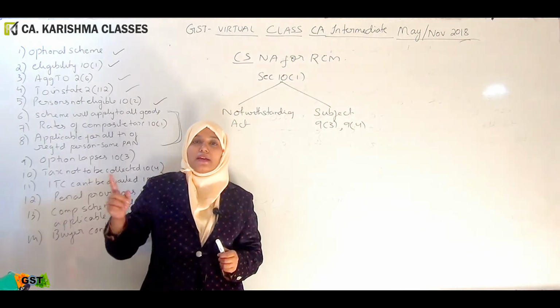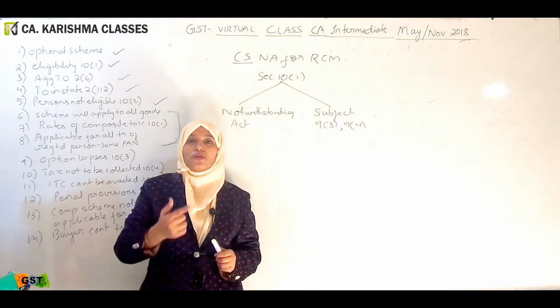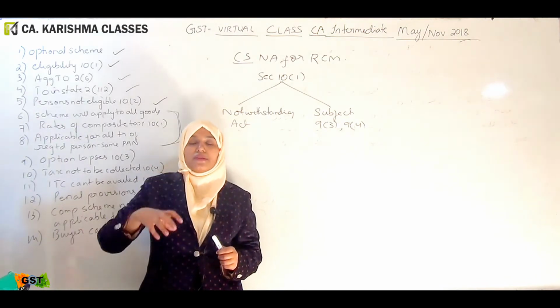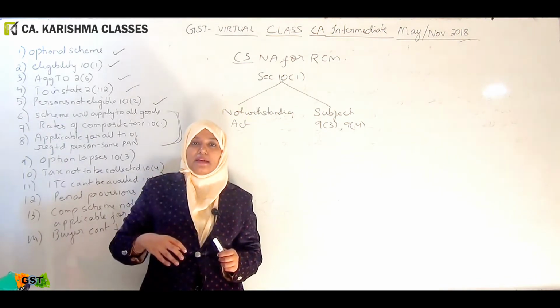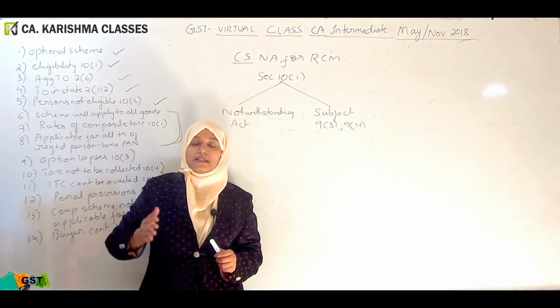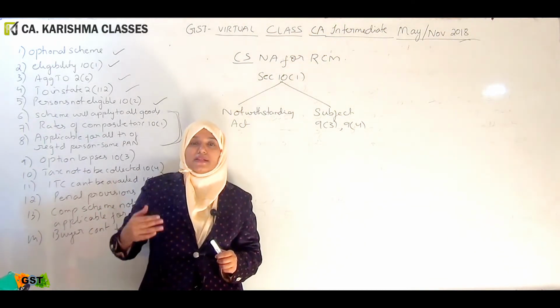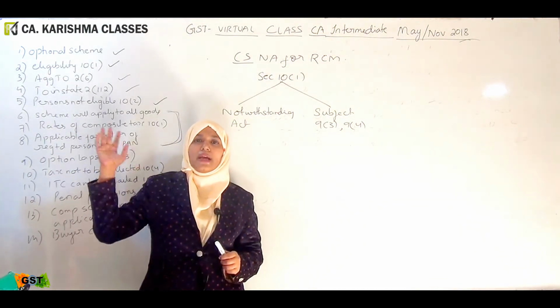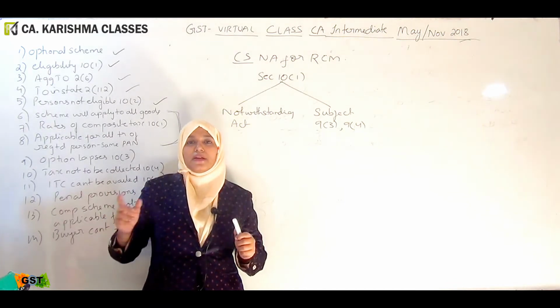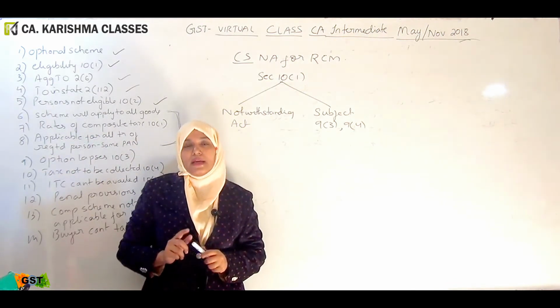Regular supplier will pay monthly taxes, will file monthly returns, but this scheme is saying you do it quarterly. So whatever we are hearing in this scheme is overriding the regular provisions in terms of rate, in terms of value, in terms of filing of return, paying of taxes, input tax credit. It is overriding everything. This scheme is independent. It is not subject to what you are studying for the other people.